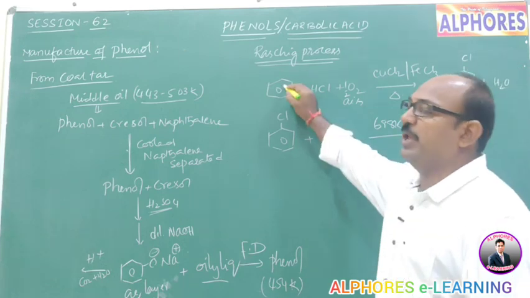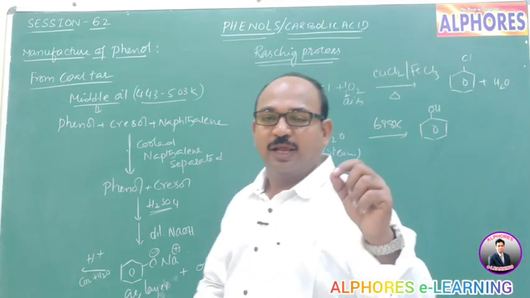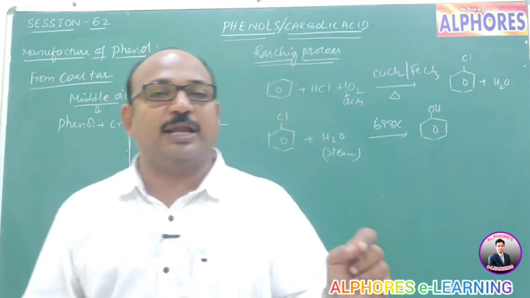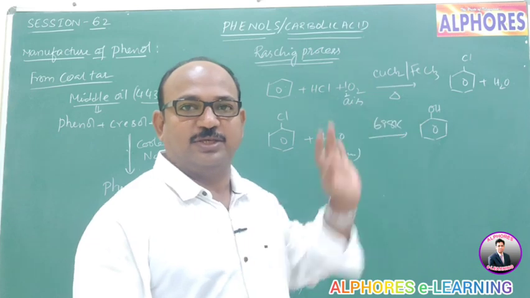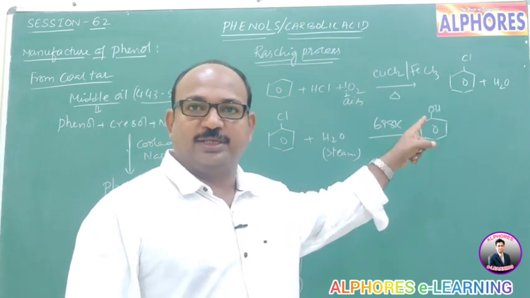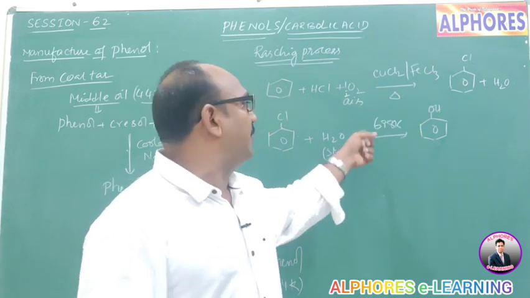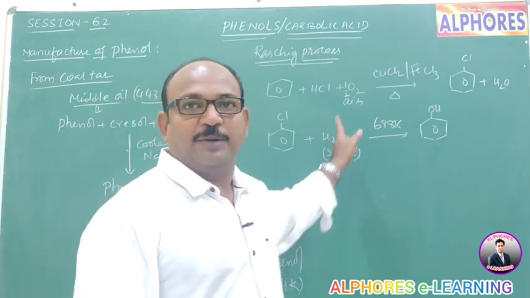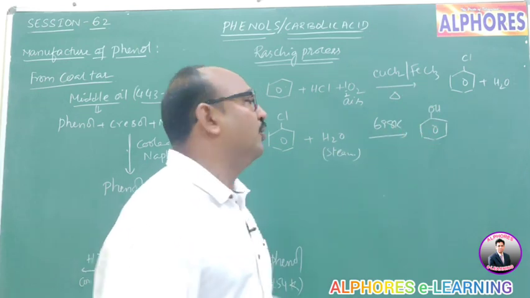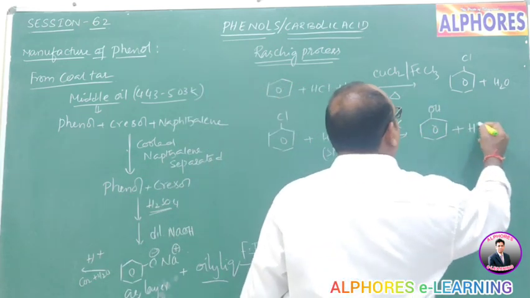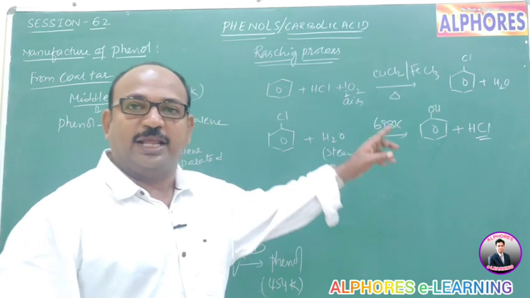So first, benzene upon reaction with HCl in presence of oxygen and a catalyst, FeCl2 or FeCl3 or CuCl2, we are getting chlorobenzene. And that chlorobenzene upon reaction with steam at temperature 698 Kelvin, we are getting phenol, and here we are getting HCl as product.